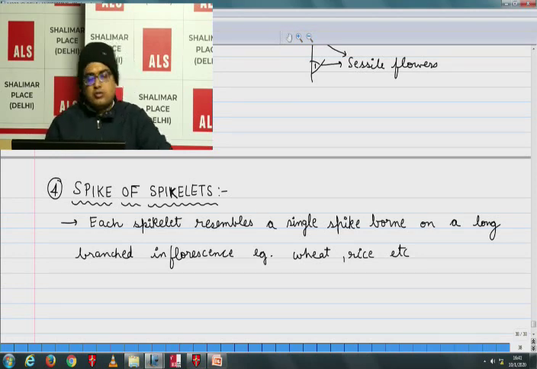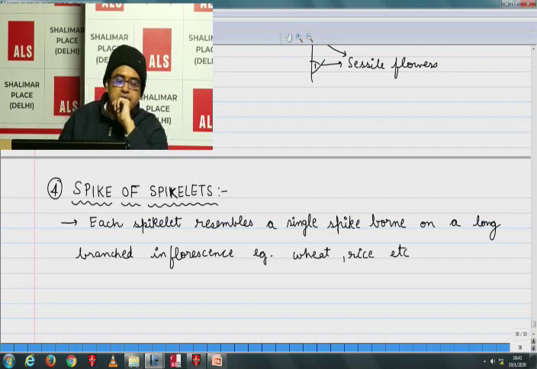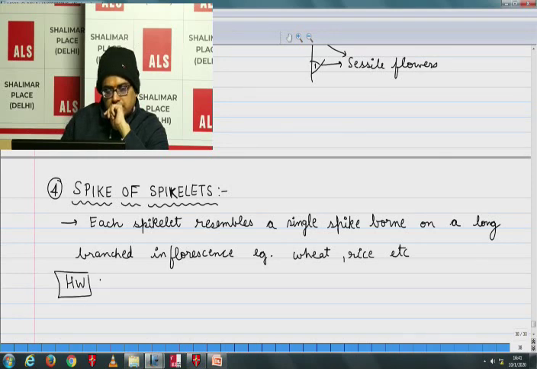Now, there is one detailed question from this. What are the different parts of spikelet? Okay, so I am giving you this homework. You have to find out parts of spikelet flower.